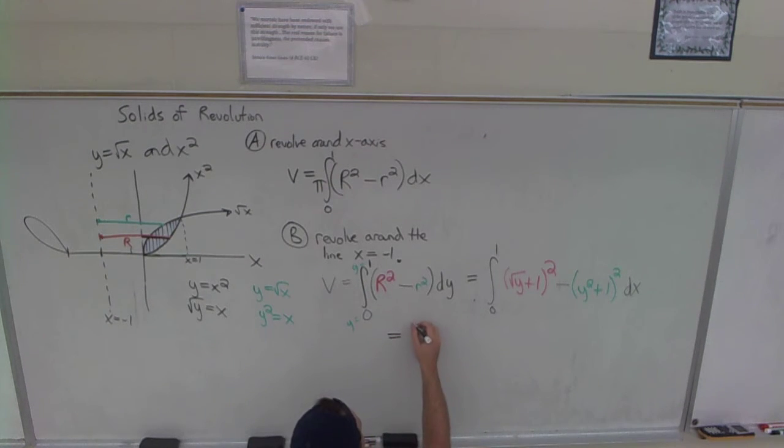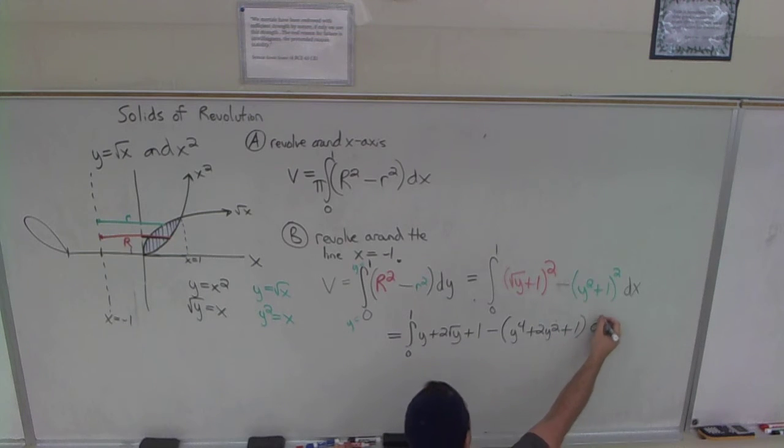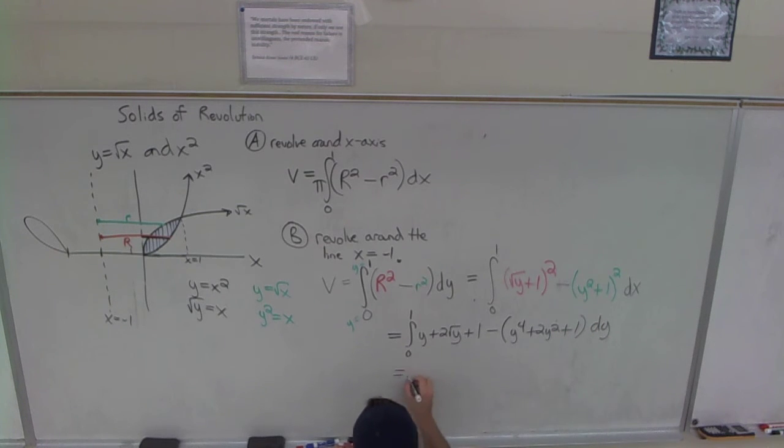So the volume's going to be integral from 0 to 1. Squaring this, I get first thing squared, 2 times the cross terms, second thing squared, it's pretty boring, minus first thing squared, 2 times the cross terms, last thing squared, dy. I'm going to simplify my like terms, any that I have.